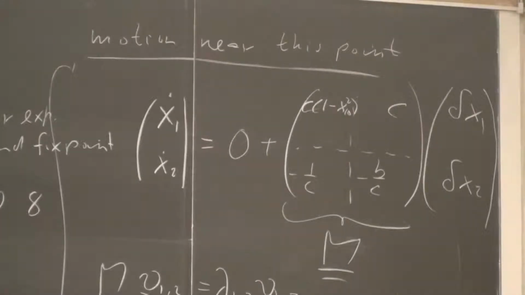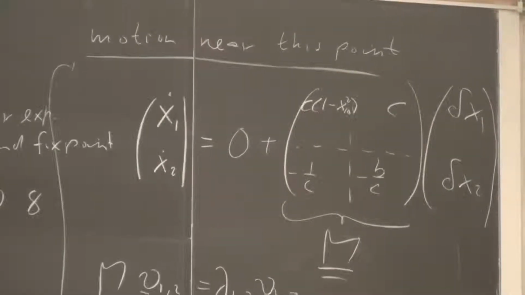You can write it down, you find out what it is. So you can write down very easily what the eigenvalues are. And the V's are the eigenvectors.